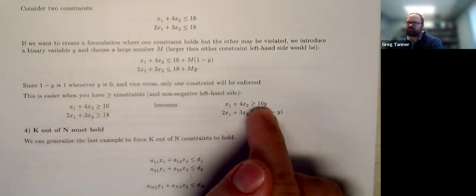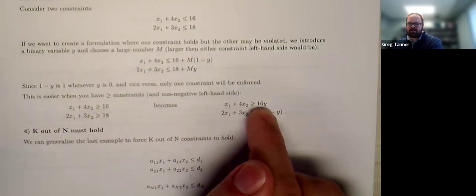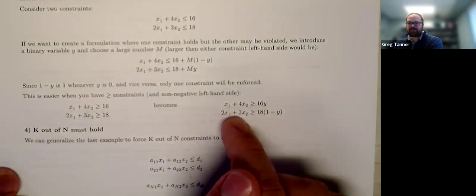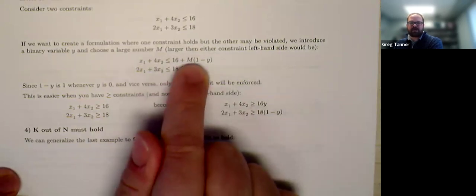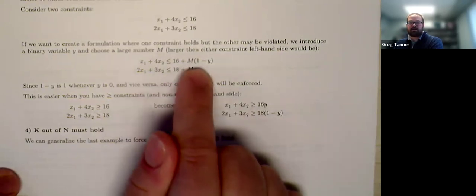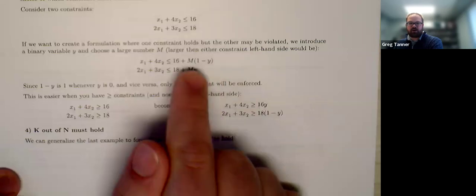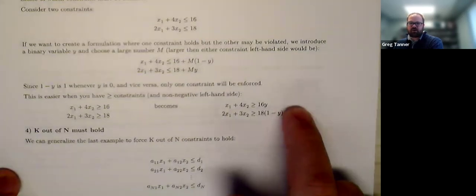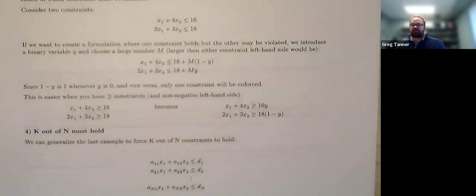And so as long as your problem already has that happening, this will take care of that. On the other hand, if you need to allow that your left-hand side could be negative, just do the same thing as up here and subtract big M times 1 minus y1 and subtract big M times y. That would do the same. This is maybe just a little bit more clean and neat when you know that your left-hand side is going to be non-negative.